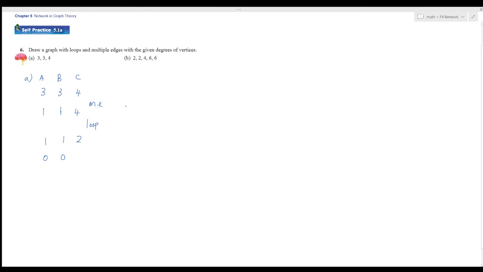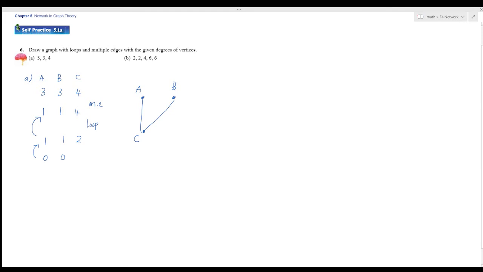Now we try to draw out our graph. This is our vertex A and B with no edges. We add in the point C, the vertex C. Degree of vertex C is 2. The vertex C will be connected to vertex A and vertex B. So continue, we reverse the process.